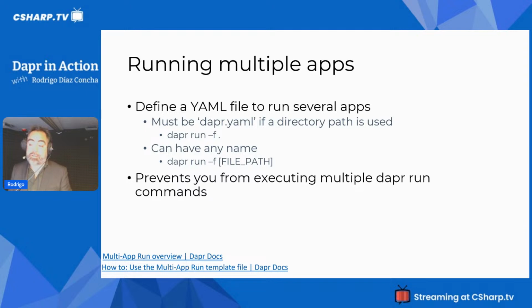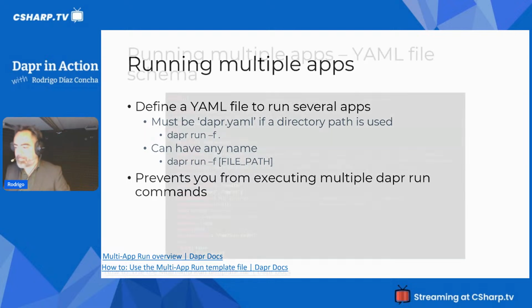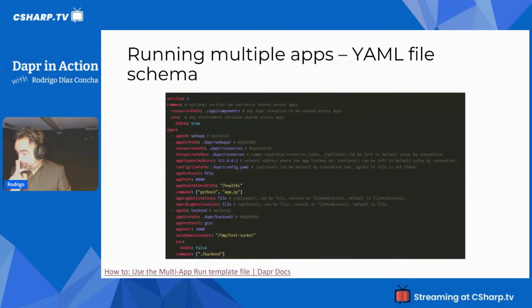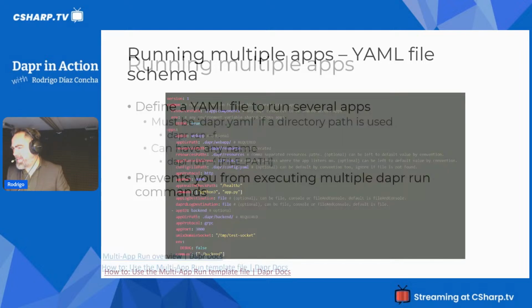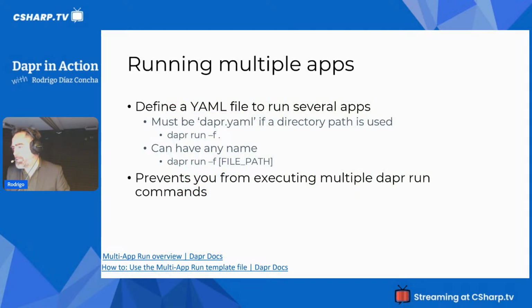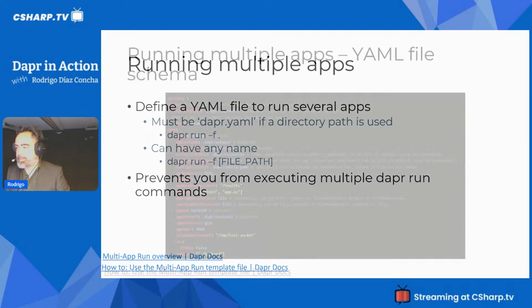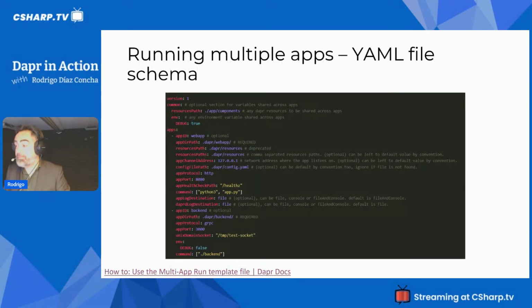This is great, such as Docker Compose, instead of running each application separately. So this is the schema for that particular dapr.yaml file. And by the way, the name can be just any other name, but actually the default value is dapr.yaml.